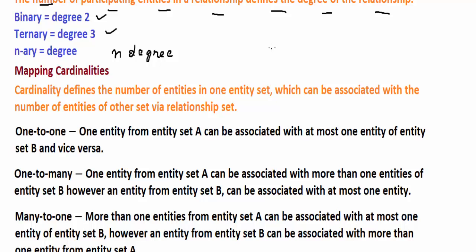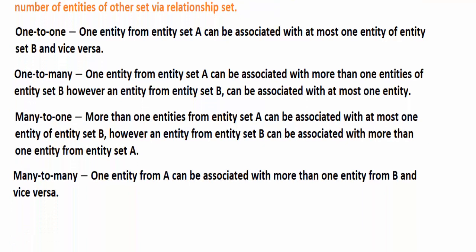Basically, suppose A and B are two sets, with elements A1, A2, and so on. It is about how the entities of A are related to B, and how B is related to A. This is the mapping cardinality. Let us see the types of mapping cardinalities.